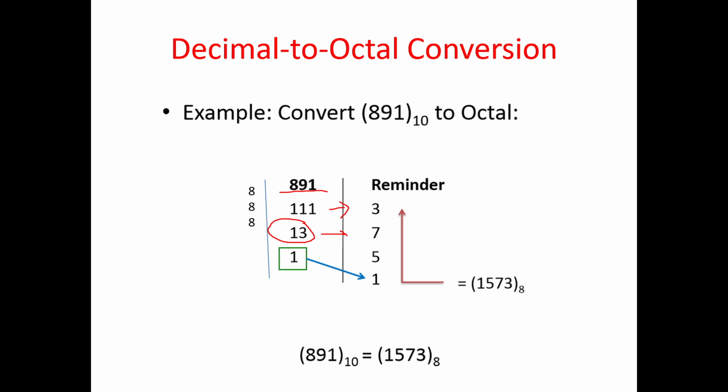Again 13 by 8, the quotient is 1 and the remainder is 5. It is less than 8, so we write in this order. The octal number for 891 is 1573.